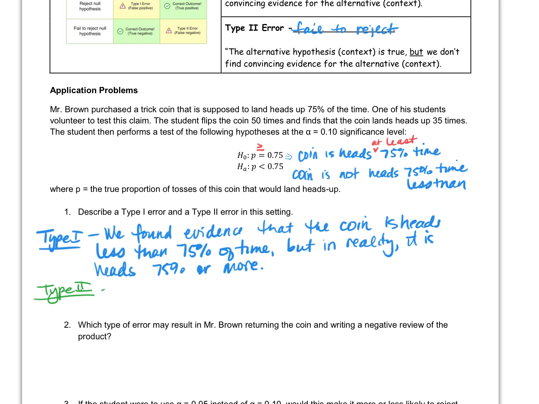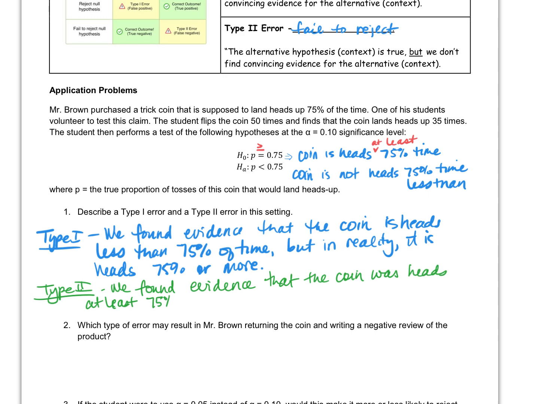We found evidence that the coin was heads at least 75% of the time. But in reality, what was it? It was less than.